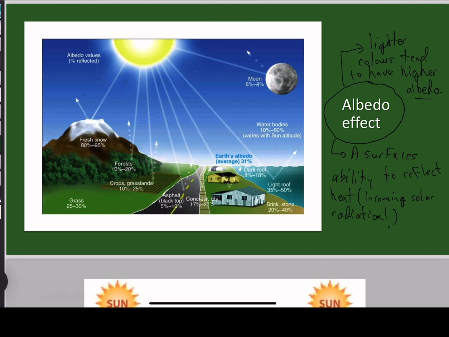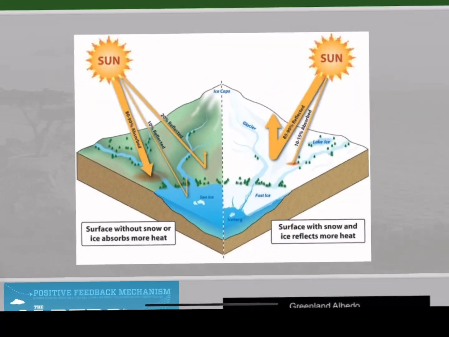So if you look at the values here, fresh snow at the top of a mountain is going to have pretty high albedo values, and that's why it tends to stay colder over there. Whereas forests have lower values. Concrete, even worse. That's why it tends to feel so hot when you walk on fresh asphalt on a hot summer day.